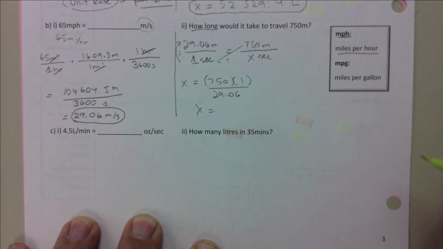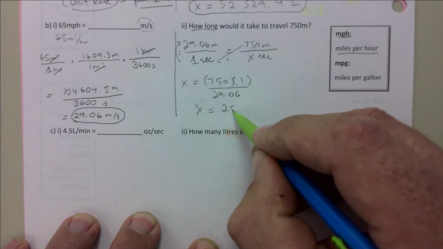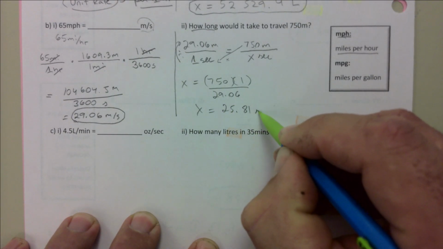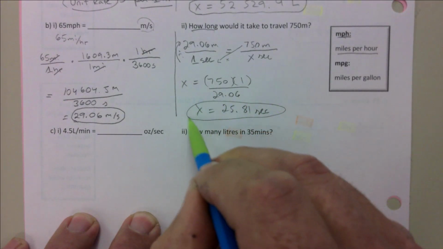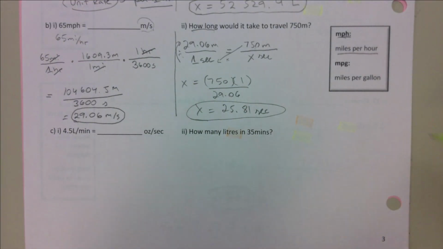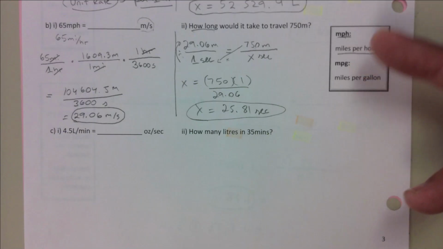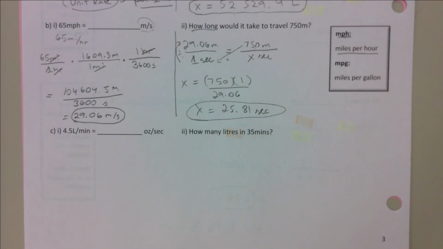And when you do that, you get 25.81 seconds. Okay? It's not quite a minute, is it? So it's okay to state it as seconds in this case because it didn't ask for anything else.